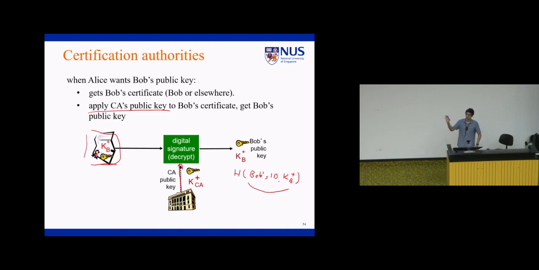But then this might cause another problem to arise here. How do we know the certificate authority's public key? So yes, now we can obtain Bob's public key from the CA, but how do we know in the first place the certificate authority's public key to verify a signature created by the certificate authority?